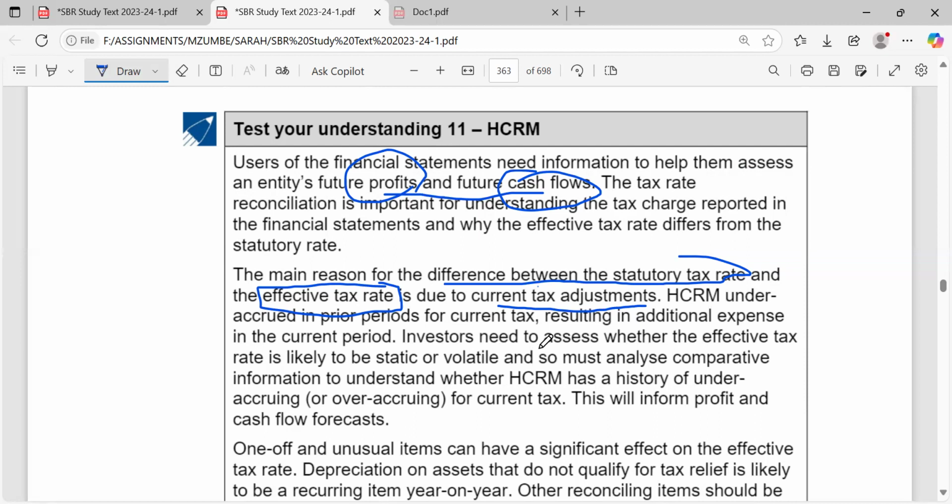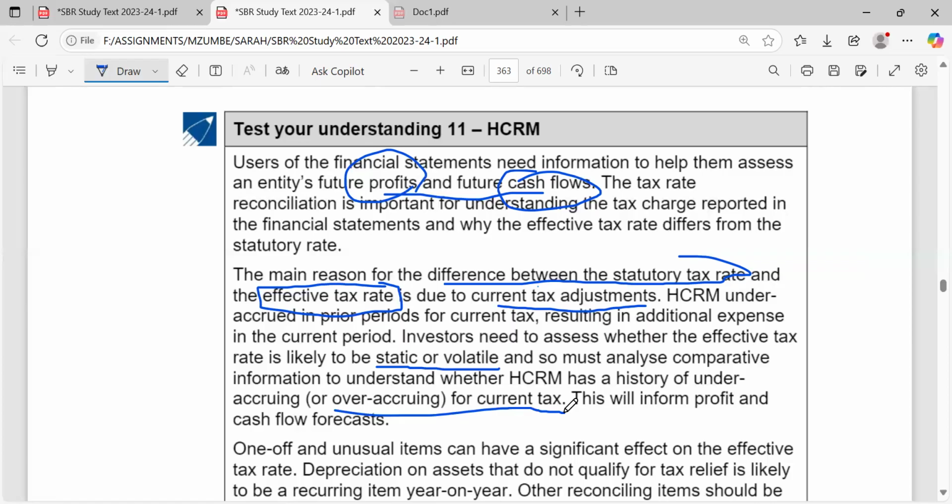Investors need to assess whether the effective tax rate is likely to be static or volatile, and so must analyze comparative information to understand whether HCRM has a history of under accruing or over accruing for current tax. The problem for the current tax which occurred last year is incorporated this year, and this year's is incorporated next year, and so on.